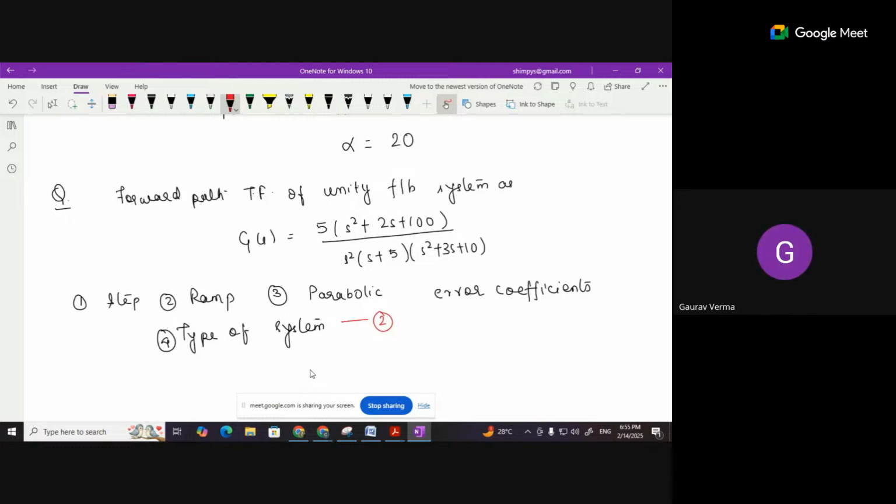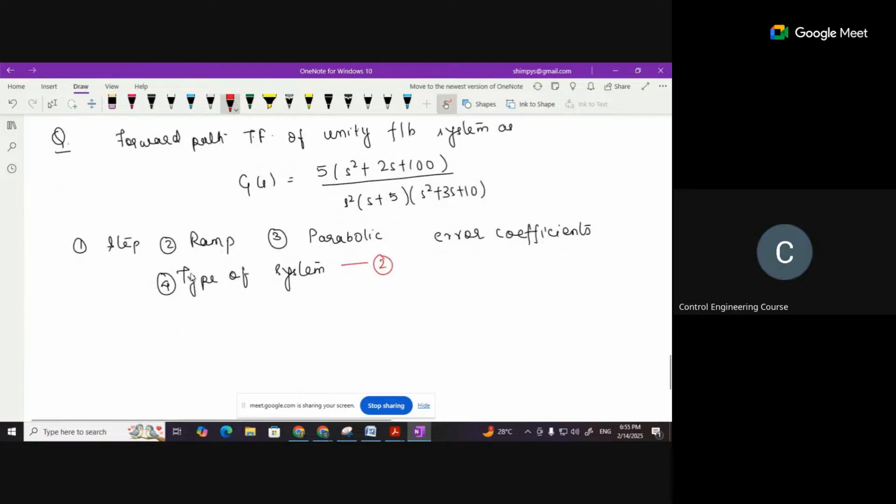But the error coefficient will be infinite. Yes, it is 1 by sG(s). So 1 by Kv and 1 by Ka. Kp is given as your position error coefficient, that is limit s tends to 0 of G(s)H(s), right? Our H(s) here is 1, unity feedback.